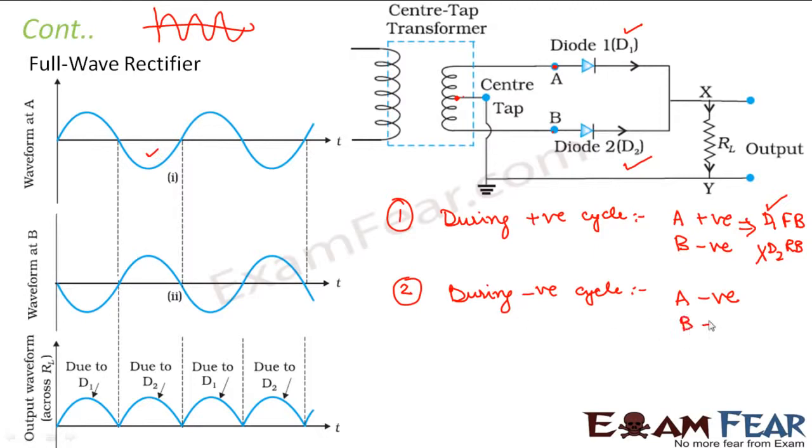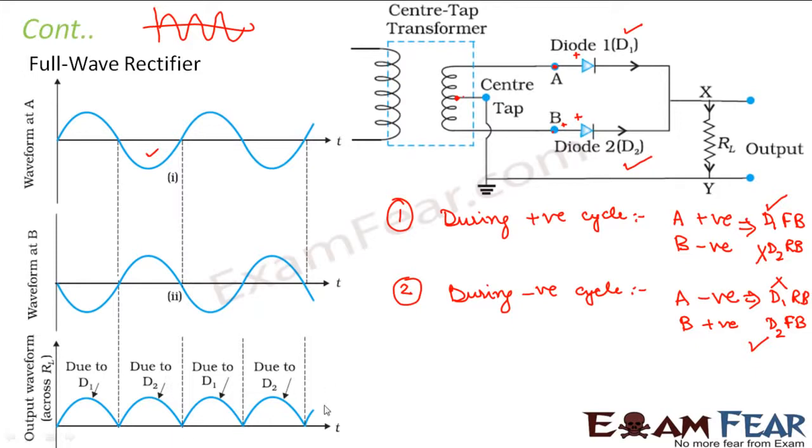B is at positive, so the waveform at B is positive. So when A is negative, this positive is connected to the negative. That means D1 becomes reverse biased, and D2, since this is positive and this is also positive, becomes forward biased. So here D2 will conduct and D1 will not conduct. Therefore again we will get one waveform, but this is due to D2.